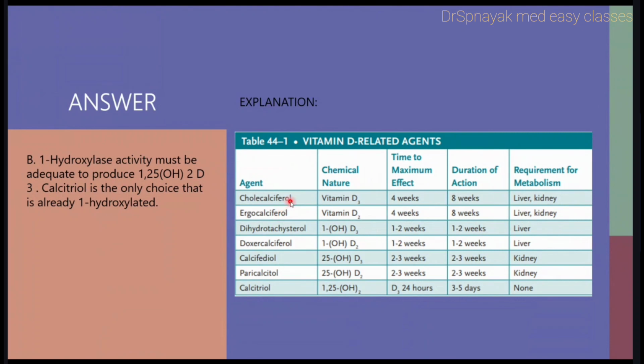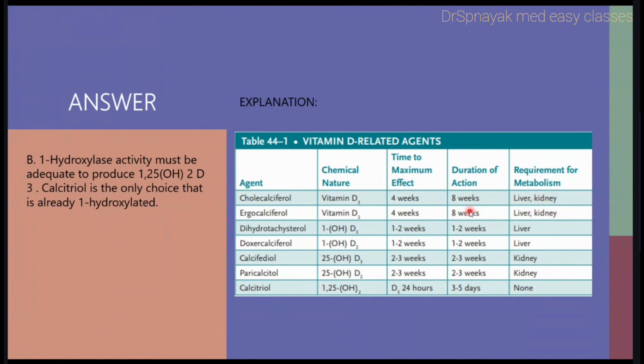Amongst the options, the first two are cholecalciferol and ergocalciferol. These are vitamin D3 and vitamin D2 respectively, and they are the precursor and inactive form of vitamin D. To metabolize them into the active form, we require the liver and kidney.